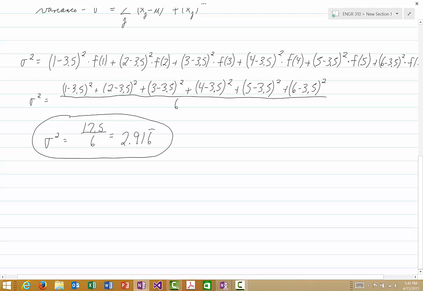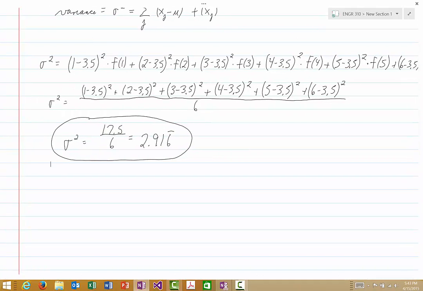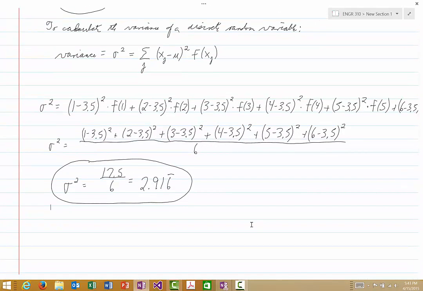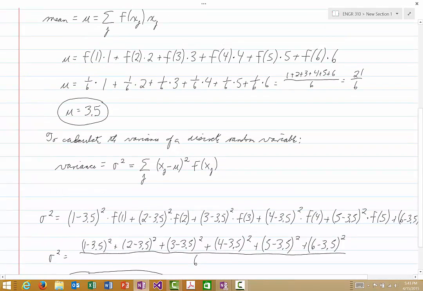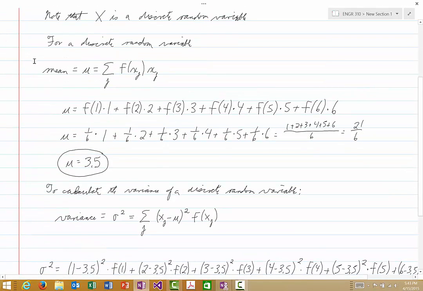As I mentioned from the beginning, this is a pretty straightforward process, just a matter of understanding how to apply the formulas. Again, here's the formula for the variance, and here is the formula up here for the mean.